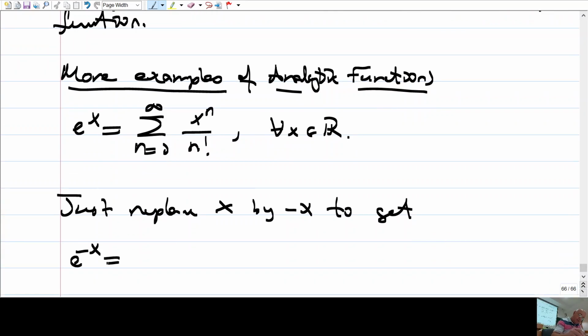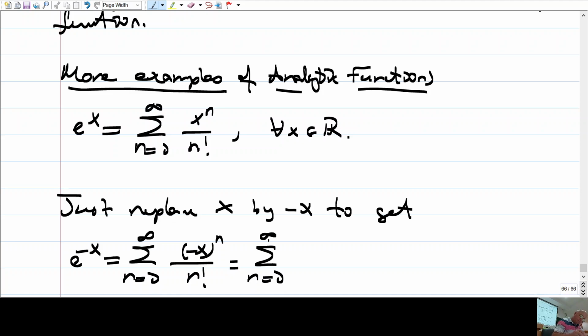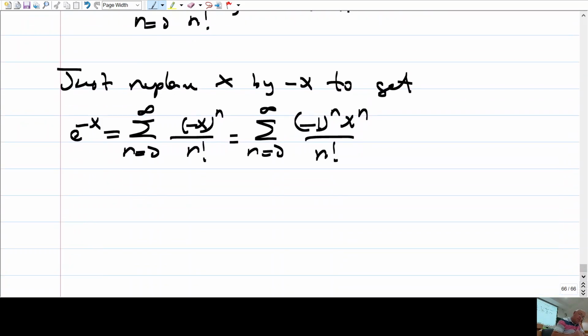E to the power minus x equals the sum of minus x to the power n divided by n factorial. So this is just minus 1 to the power n x to the power n divided by n factorial. Okay, this is true again for all x in R.